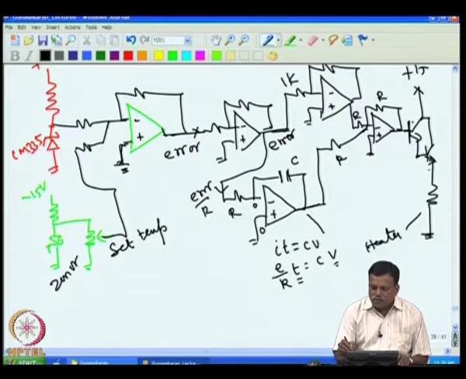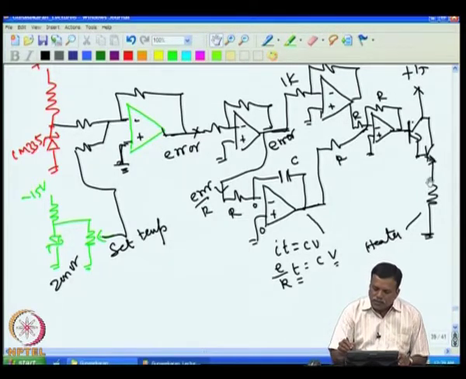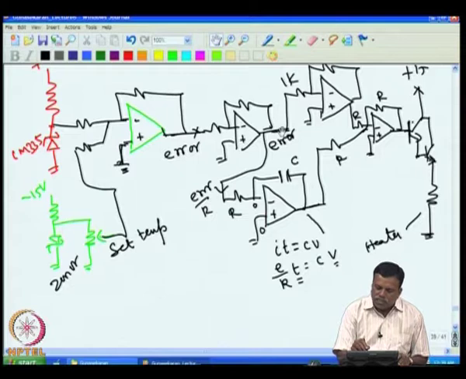So at this point if 20 volt change occurs, we know that the temperature will change by 100 degree C. That we found out experimentally, there is no other go. So, if 100 degree change has to occur, then 20 volt change has to take place here, with 10 millivolt change here.